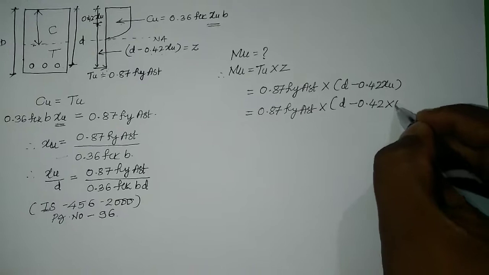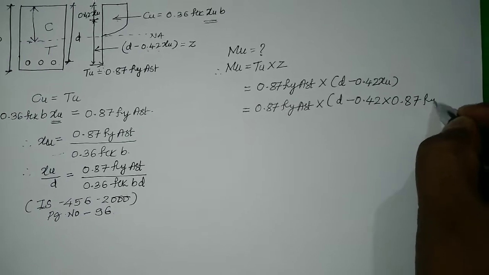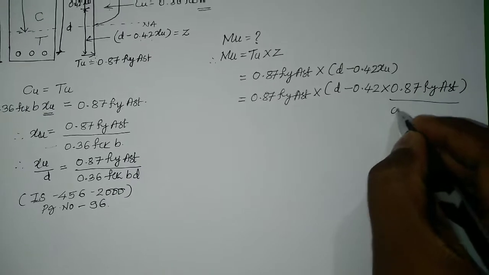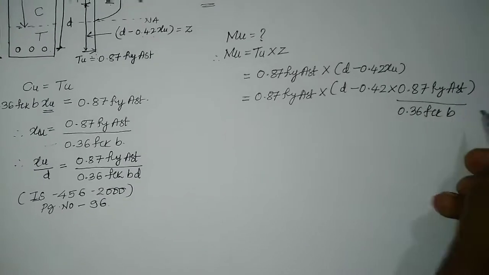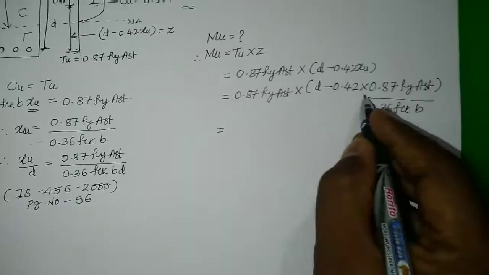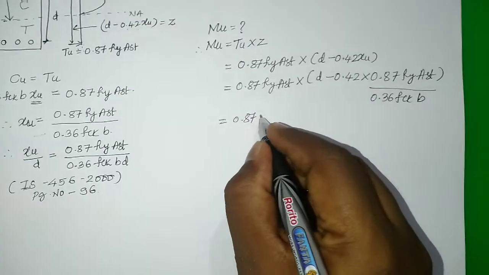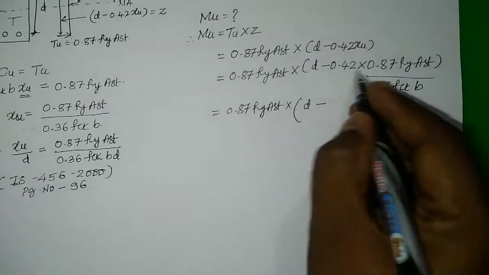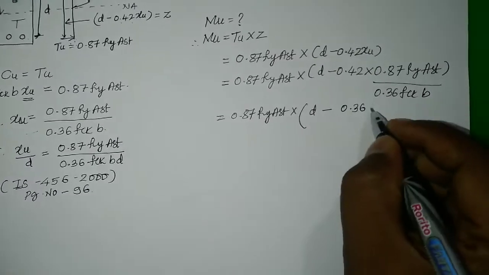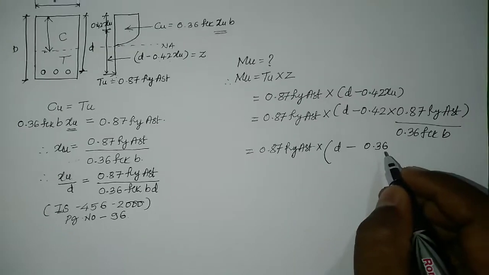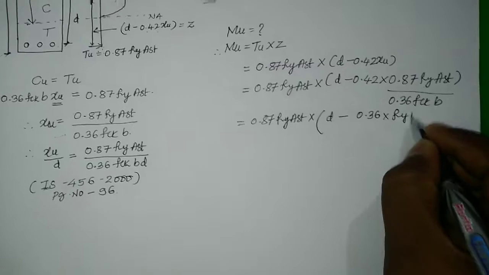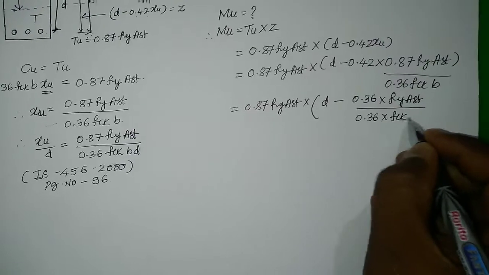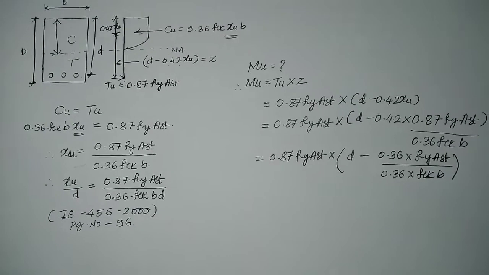It will be 0.87 fy Ast divided by 0.36 fck B. Now I keep 0.87 fy Ast as it is, into bracket D minus 0.42 into 0.87 fy Ast divided by 0.36 fck B. In this way we'll be calculating.